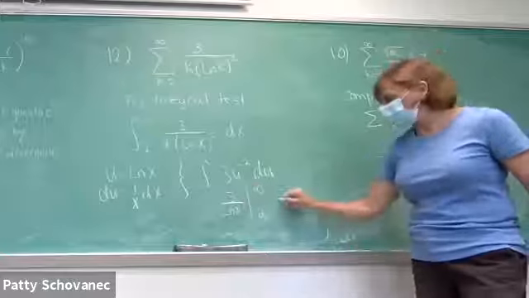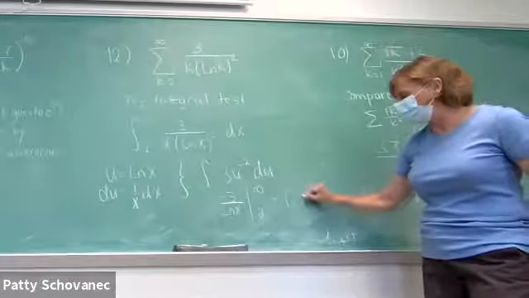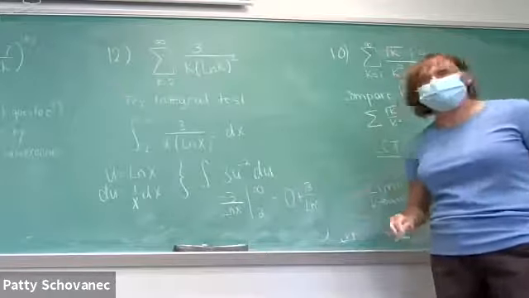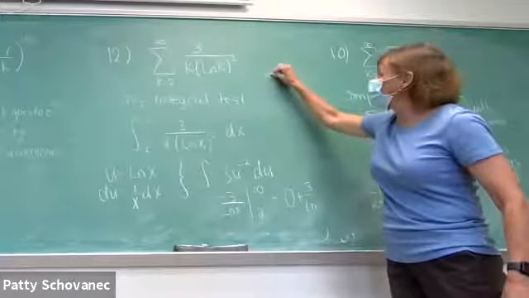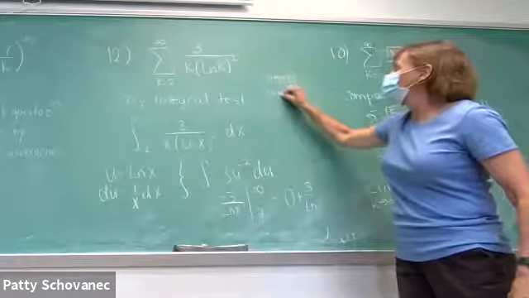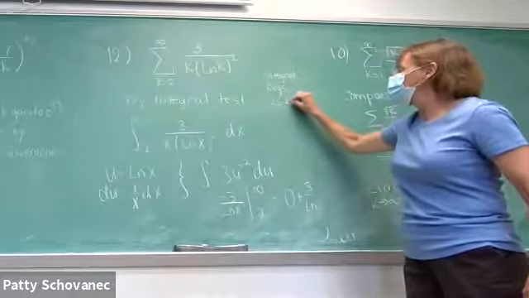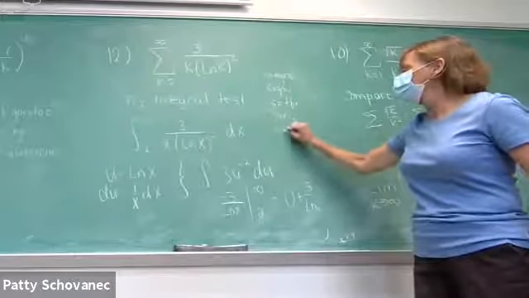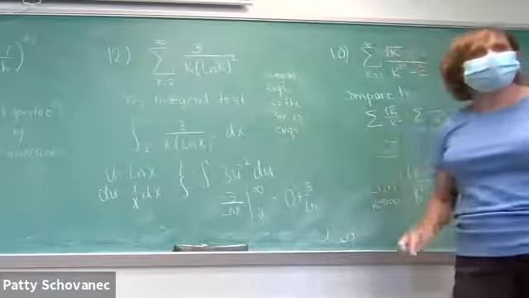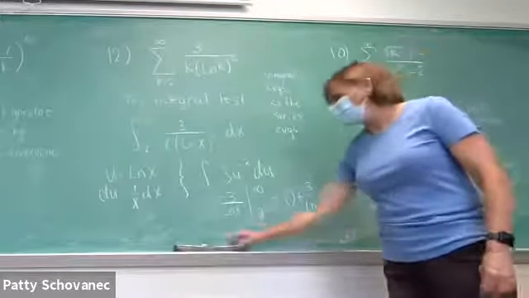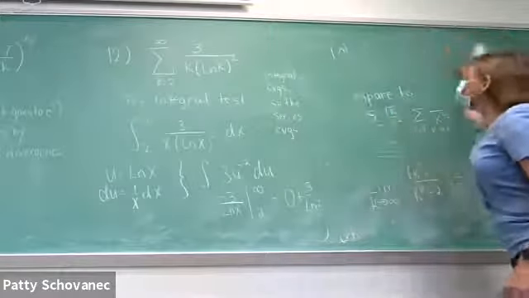And so the first term is going to be 0, and the second term will be divided by log of 2. So then say that the integral converges. So the series does too. Convergent by the integral test.